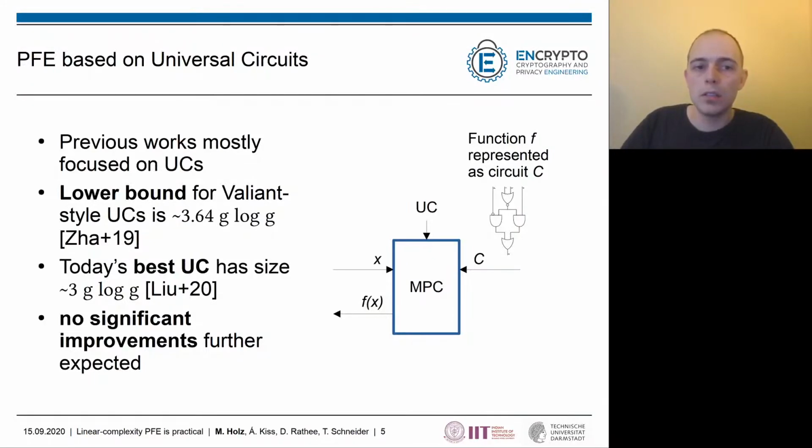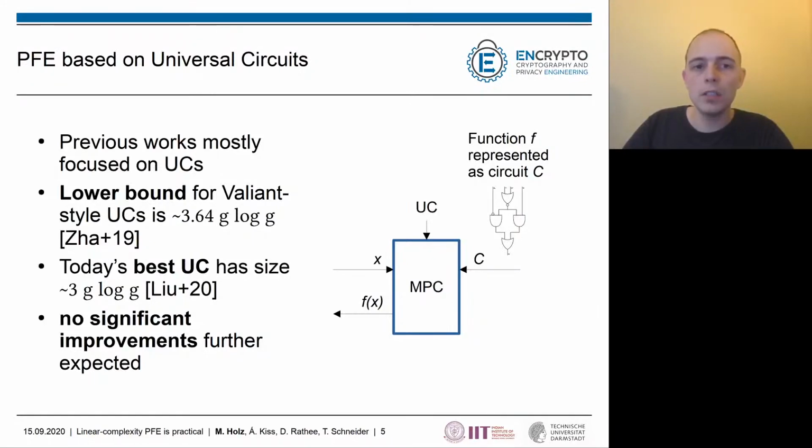But the authors also showed that using their universal circuit construction, they have an asymptotic lower bound of 2.95 times G log G, so they also nearly reached lower bounds in terms of complexity.